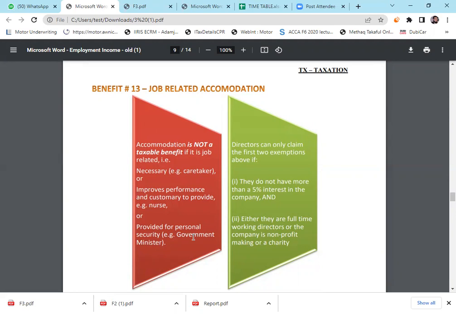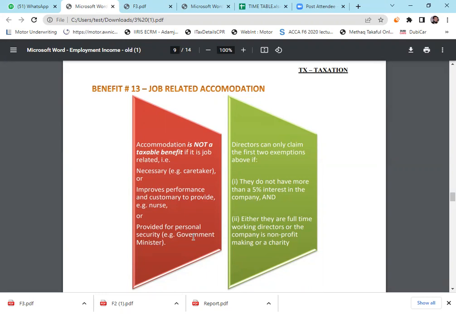And the last condition is, if it is necessary for a person to stay in the accommodation because of security. For example, you are a prime minister. Prime minister is also an employee, right? Or ministers, they are also employees. So if they are living in prime minister house, why are they staying there? Because they do have security threats. In order to minimize the security threats, they have to stay in accommodations like prime minister houses, minister accommodations like that.